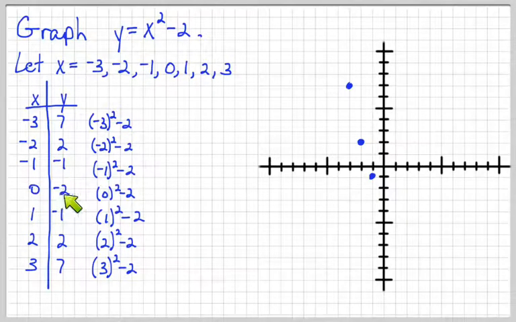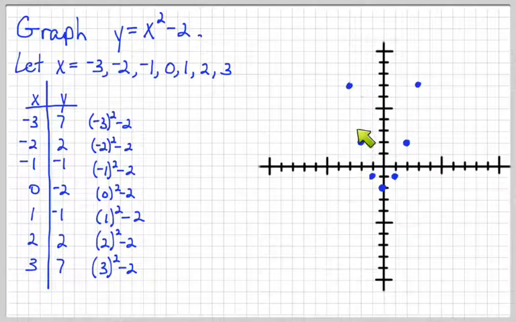Then 0, -2, I'll go left or right none, but down 2. Then 1, -1, I'll go from the origin, right 1, down 1. Points are always plotted from the origin, you know. And then 2, 2, I'll go from the origin, right 2, up 2. And then 3, 7 will go right 3, up 7.